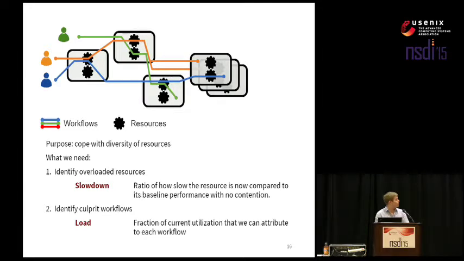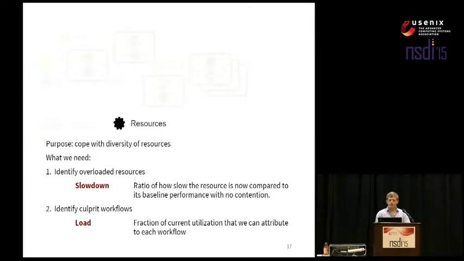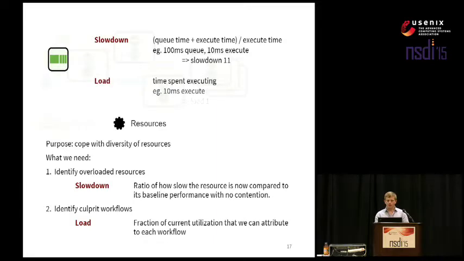To make this concrete, we'll look at a quick example. Consider a thread pool queue. The more overloaded a thread pool is, the longer requests will wait in the queue before executing. So an uncontended queue will have a wait time of 0, and therefore a slowdown of 1. If we waited 100 milliseconds in the queue, then executed for 10 milliseconds, this would have a slowdown of 11.